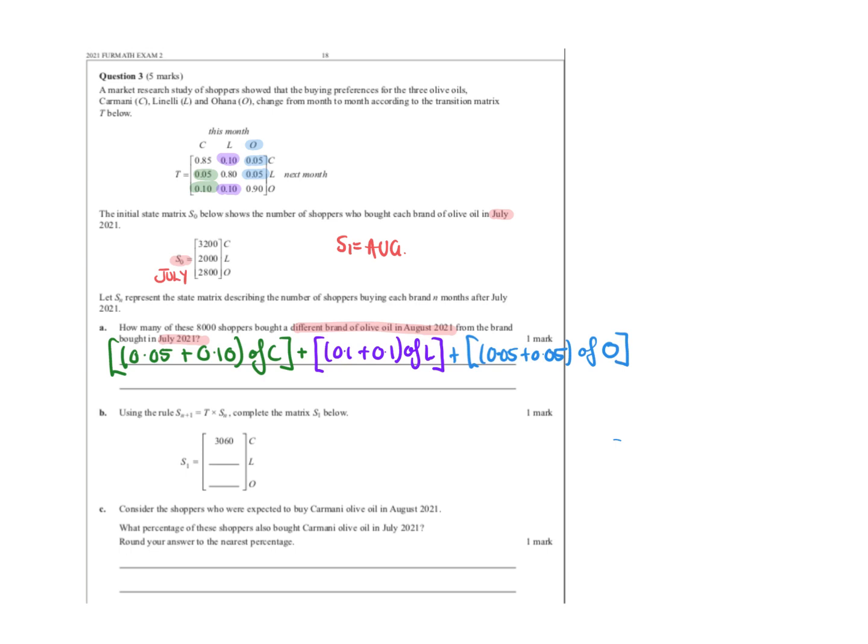So if I just change that into a sum, what we're seeing is we've got 0.15, because 5% plus 10%, of the 3,200, because this is of C, so that was C there, plus we're going to say 0.2 times the L brand, which was 2,000.